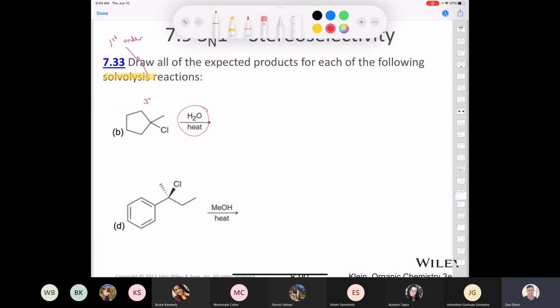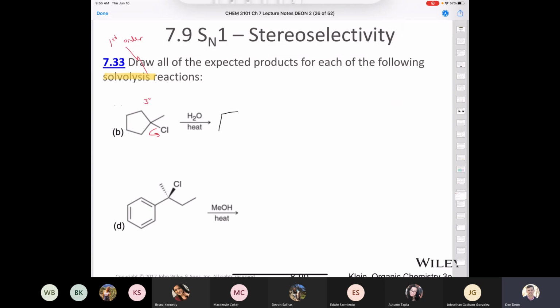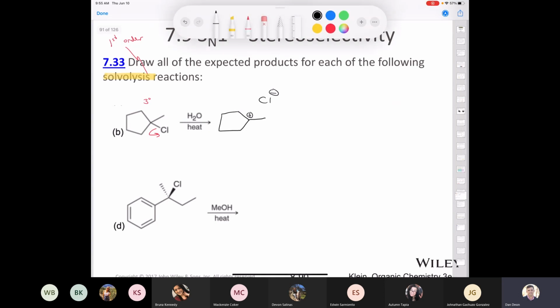It's too hindered, and water is a weak nucleophile. But it is a polar protic solvent, so it can stabilize a cation and an anion. So we get a loss of leaving group as our first step, and we form a tertiary carbocation. I'm going to leave the chloride out because it's not going to participate in the solvolysis reaction, but we've got a beautiful tertiary carbocation now.